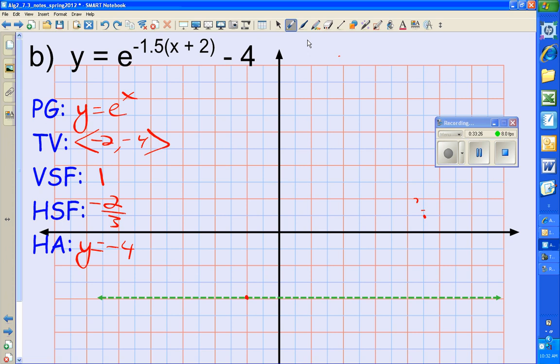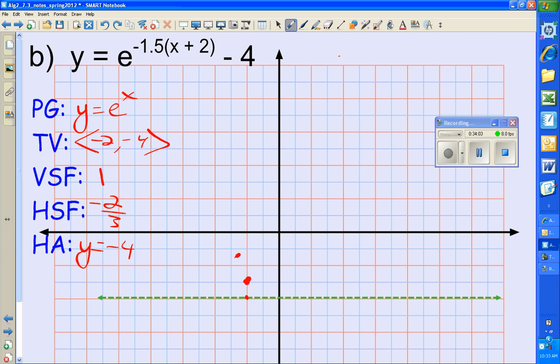So if we're going to graph this, from the origin, we normally go right 1 up e. What are we going to do here? Left 2/3, still up e. So right 1 up e would be right here. We're going to move that to left 2/3, but it's going to stay up e. We're not really doing anything except switching the horizontal component. Normally in the parent graph, it's right 0 up 1.